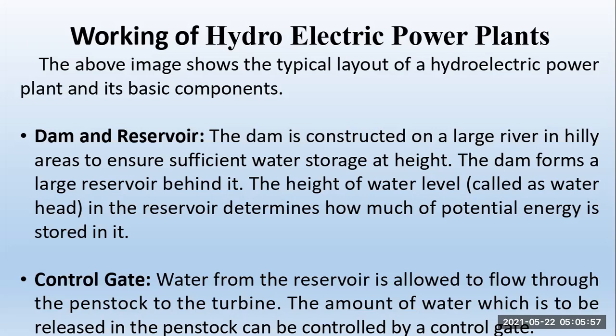The height of the water level, called the water head, in the reservoir determines how much potential energy is stored in it. Control gate: water from the reservoir is allowed to flow through the penstock to the turbine. The amount of water released into the penstock can be controlled by a control gate.